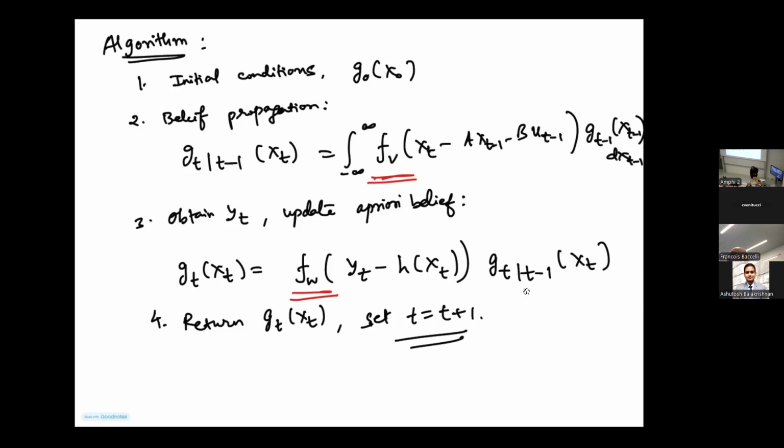The a priori belief gets multiplied here, and we obtain the PDF of the a posteriori belief. So this is from the probabilistic analysis how the Kalman filter algorithm works, and it works in a recursive way, and that's why it is also called recursive Bayesian estimation.